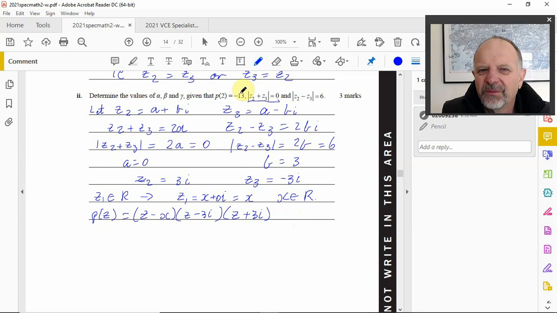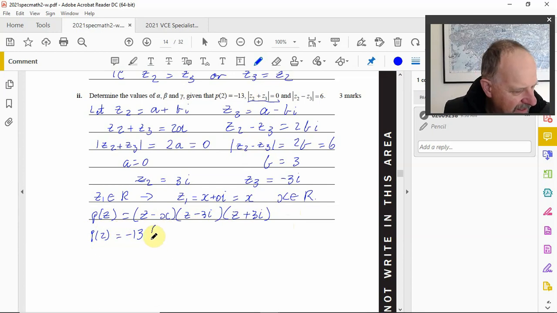All right, and what we also know, given that I haven't used it up here, is that P of 2 is negative 13, so that's why I've come with this polynomial. So P of 2 is negative 13, and so P of 2 is when you put 2 in for z, so (2 minus x)(2 minus 3i)(2 plus 3i). All right, and so now negative 13 equals that.